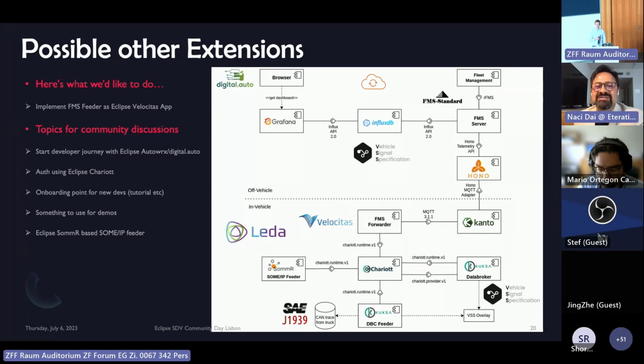Here it's MQTT, but why not Uprotocol, for example? So we're looking into gathering these requirements from these blueprints and also see if we can share these solutions between the blueprints. So all this feedback is really important to us.